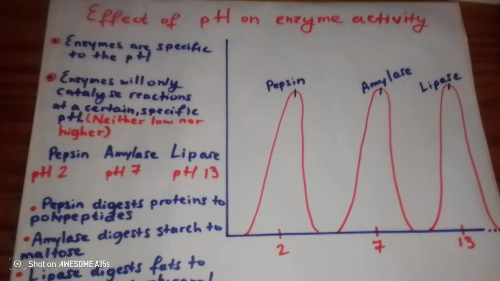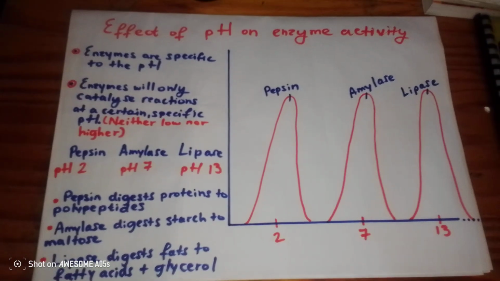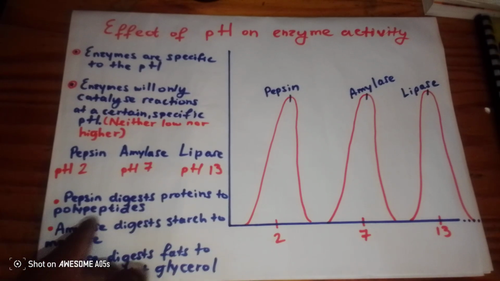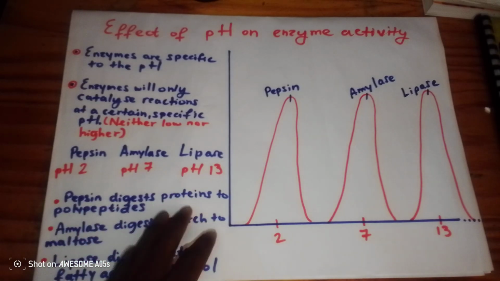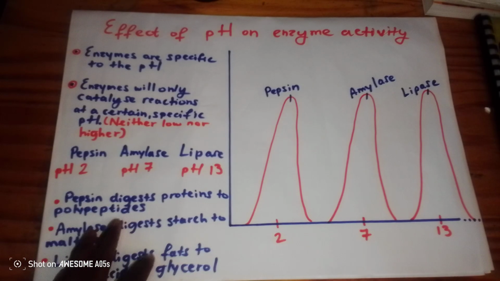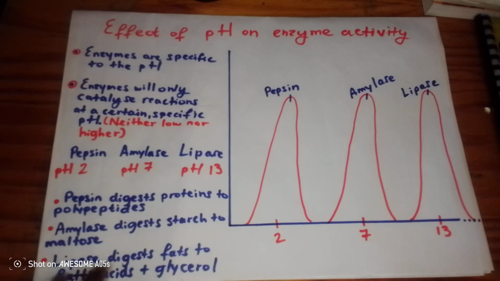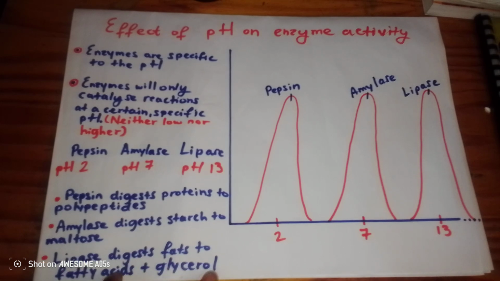Same applies for pepsin, which will digest protein, a complex molecule, to polypeptides, which are a very simple chain of amino acids. Lipase digests fats to fatty acids plus glycerol, which are the building blocks for all fats and lipids. All right, so we are done with this section.